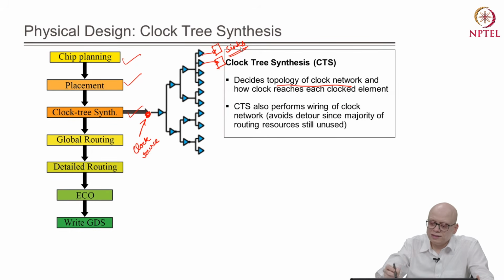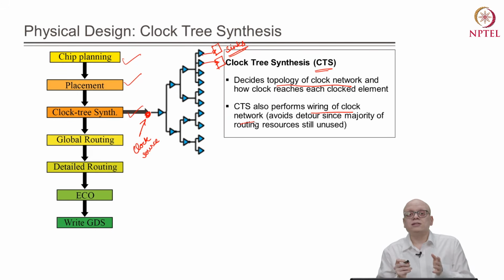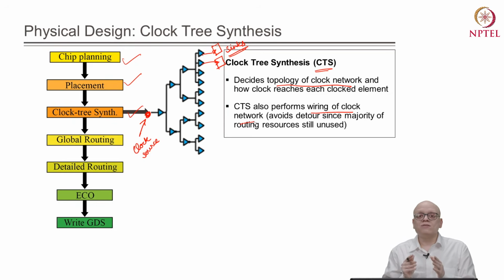Clock tree synthesis, also known as CTS in short, also performs the wiring of the clock network, and it avoids detours, since the majority of routing resources is still unused. Note that in a synchronous design, a clock is a very critical signal. Why? Because all the operations are synchronized by the clock signal.